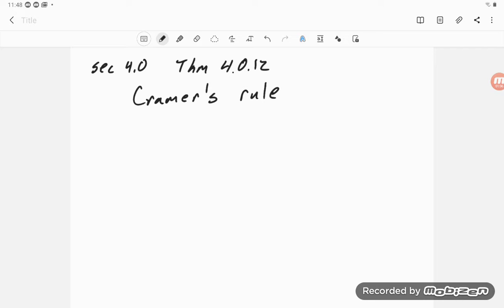Now, I will say, one time when I was trying to solve a particular optimization problem, it looked like maybe Cramer's rule might help out a lot. I say that it might have; this was years and years ago.